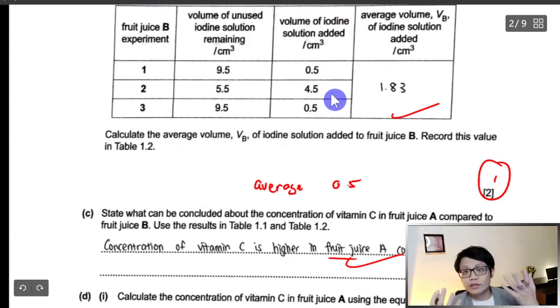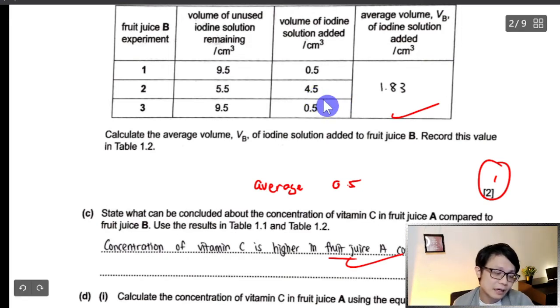You couldn't use 4.5 because it is an anomalous result, it's weird. So we only use 0.5 plus 0.5 divided by 2, so your answer is supposed to be 0.5.